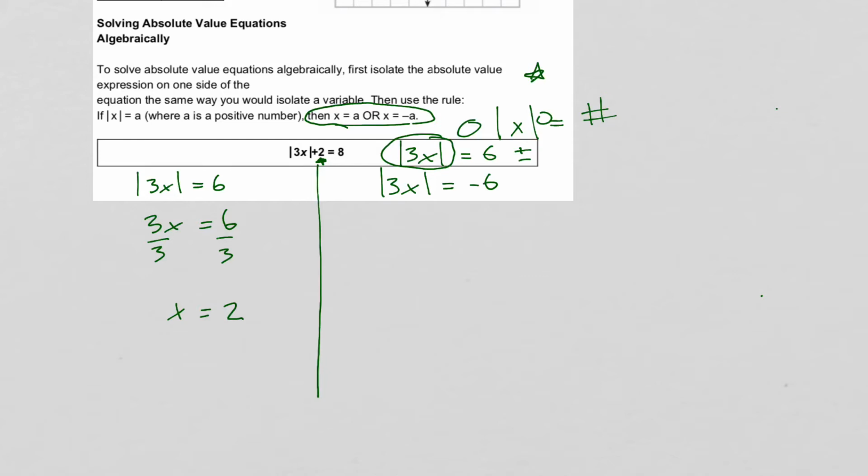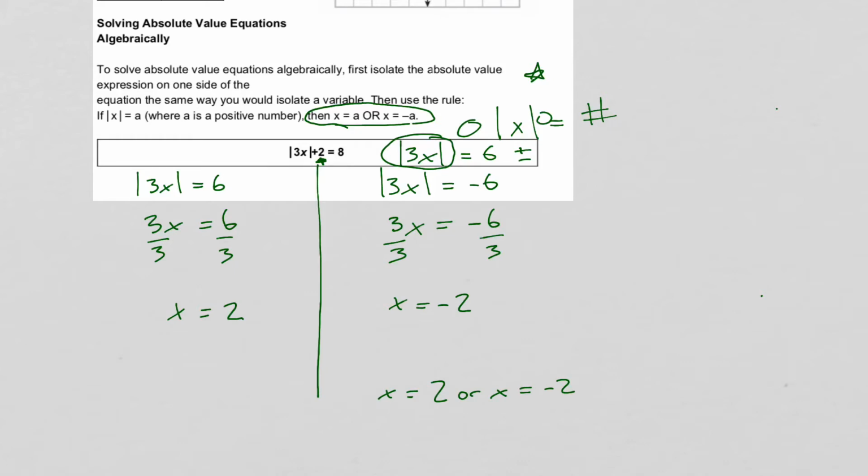Here we do the same thing. We drop the brackets. It's equal to -6. And then again, we also divide by 3. x equals -2. So basically, x is going to be equal to 2, or x is going to be equal to -2.